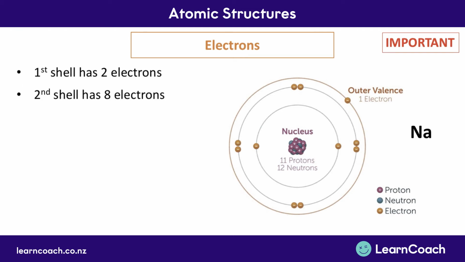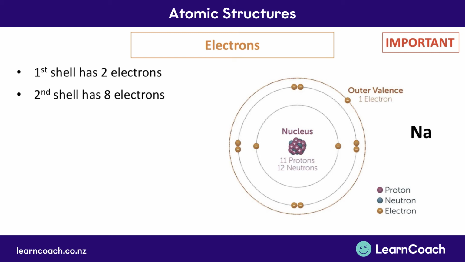So let's take a closer look at the electrons. As you can see in the diagram on the right, there are different numbers of electrons sitting within the shells around the atom itself. And so here are some important rules that you are going to need to memorize for your exam. You must know that in terms of the arrangement of the electrons in the shells around the nucleus, the first shell always has up to 2 electrons in it.